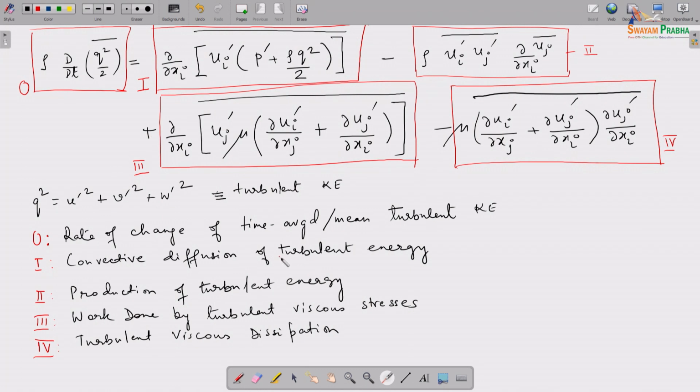Hence, we are now talking about this mean mechanical energy equation, which gives me a relationship for the rate of change of mean turbulent kinetic energy. All these four terms that I have here have a certain physical meaning to them.